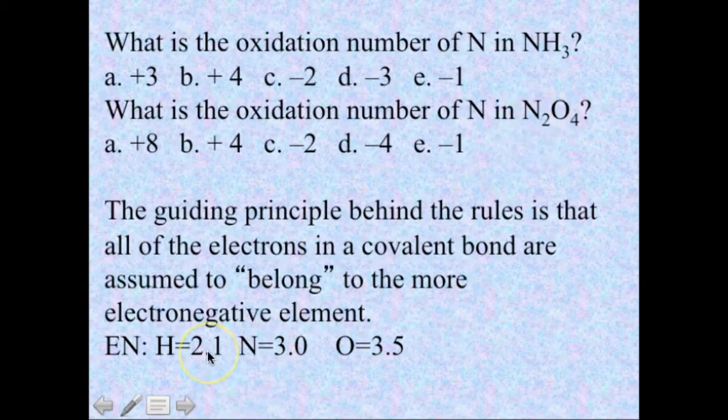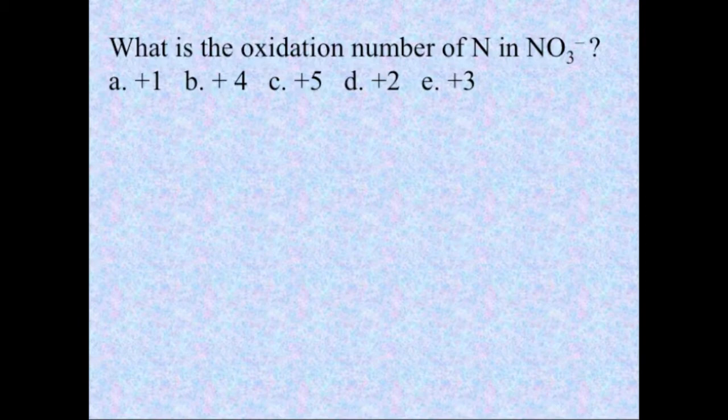Conversely, hydrogen has a very low electronegativity. It's usually going to be positive, and we use that understanding to figure out the oxidation state of the element that hydrogen's attached to.